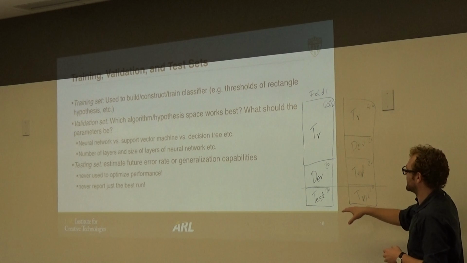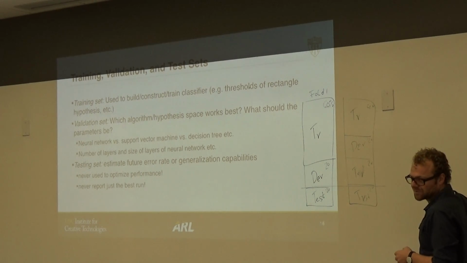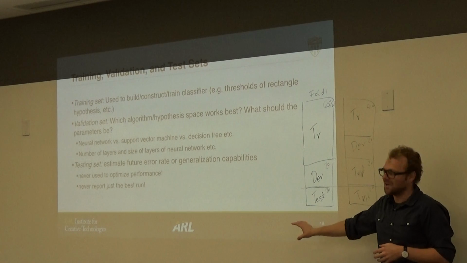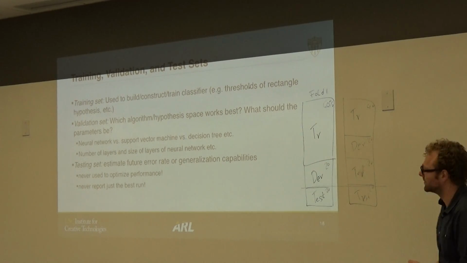But what that does is it gives you a test performance on multiple folds that you can then average. And that's why I'd like you not to report just the best run, okay?